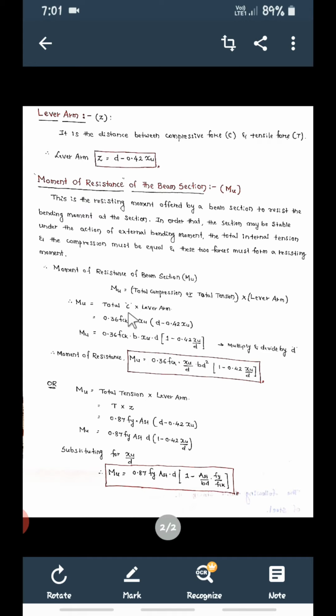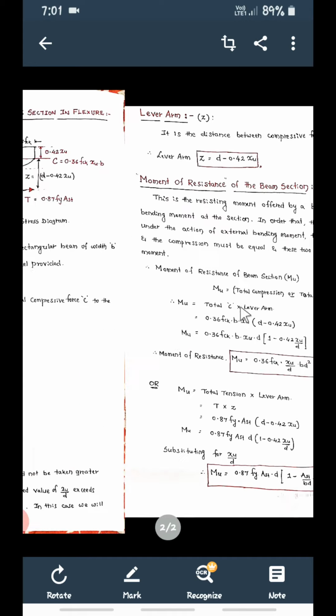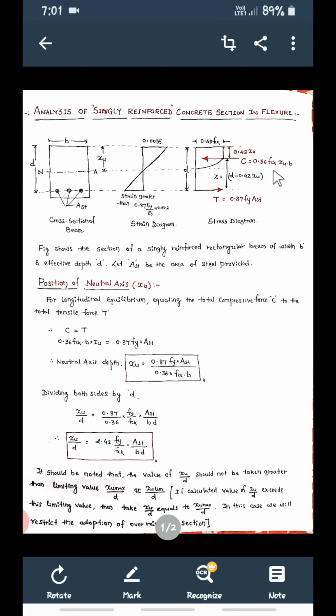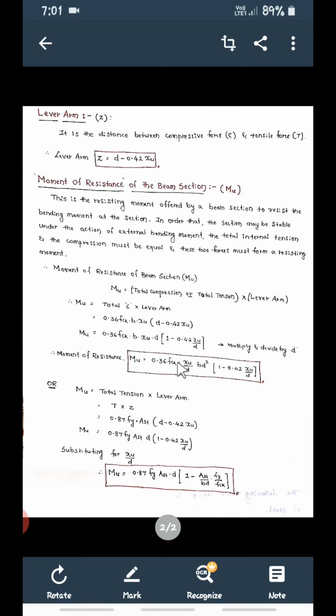If you take this formula, total C into lever arm, what is the total compressive force? The total compressive force is 0.36 fck b xu. Lever arm is Z, so Z is equal to d minus 0.42 xu.